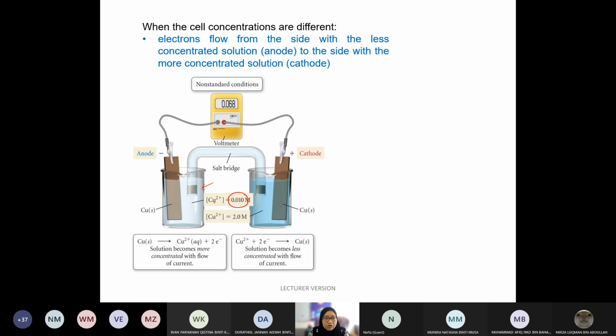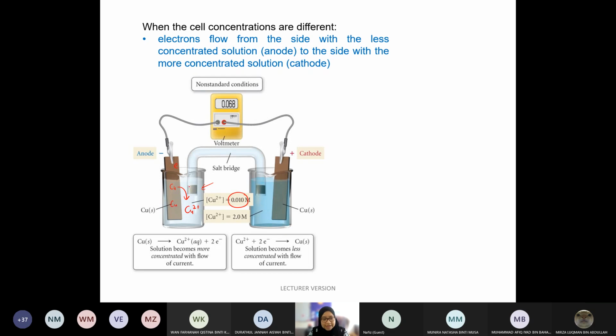That means we have less copper 2 plus in this half cell, and more copper 2 plus ion in this half cell on the right. So the copper solid from the electrode will jump into the solution producing copper 2 plus and leaving behind the electron on the electrode.